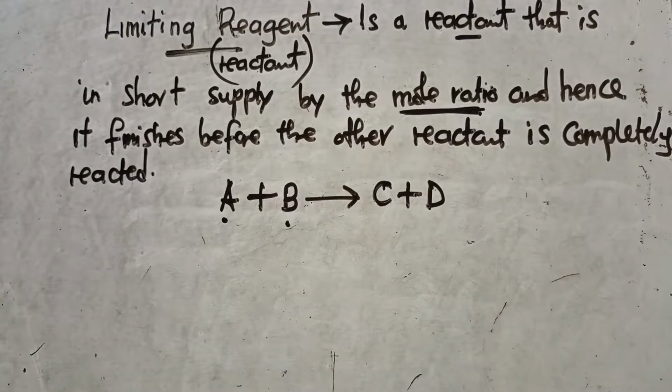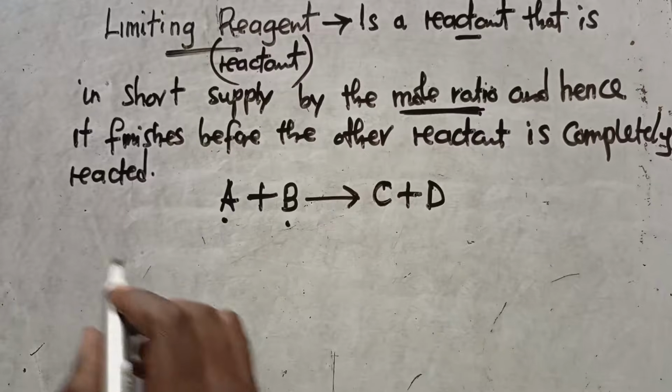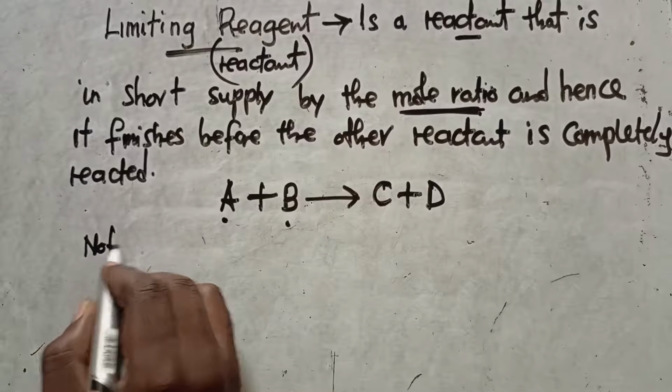So I'm telling you that in identification of the limiting reagent, the balanced equation and the mole ratio of reactants are used. Secondly, which is more important now, you cannot use volume. I want you to note this one.